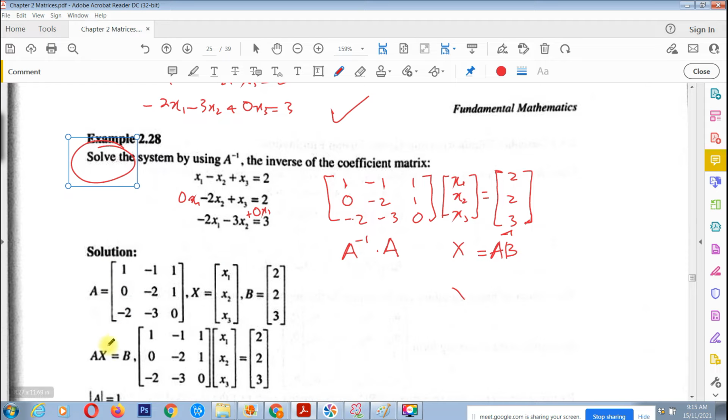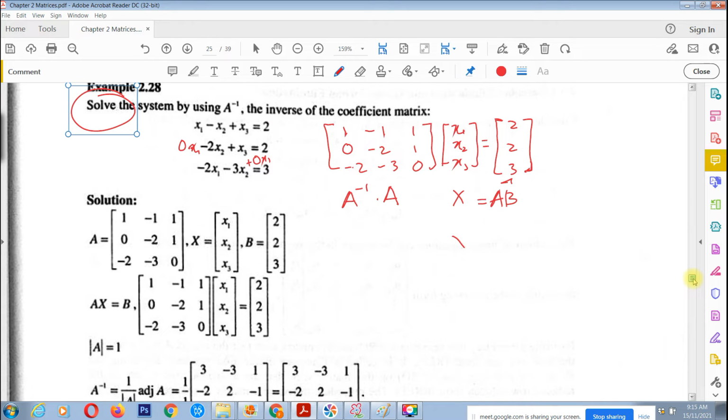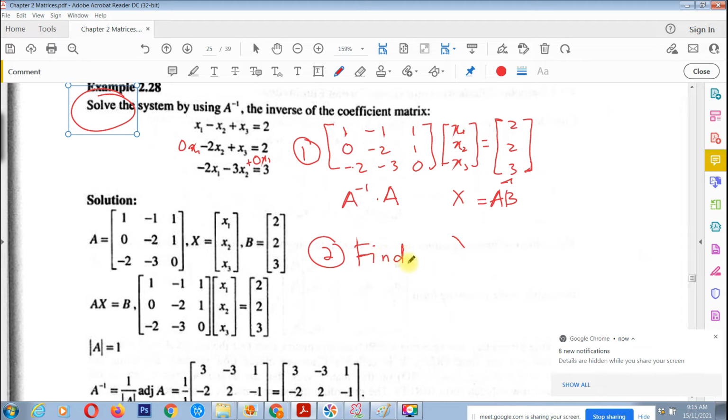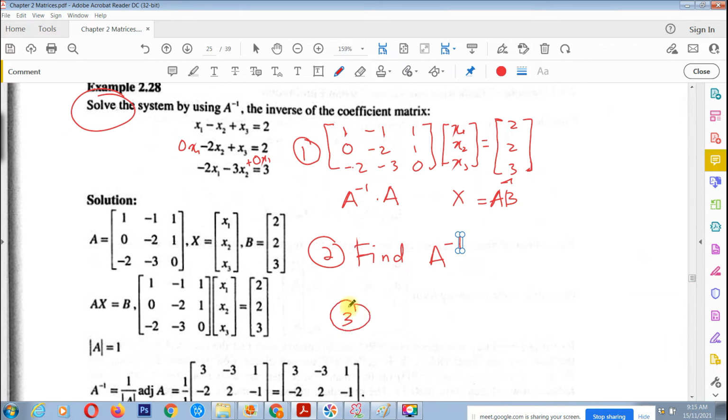Alright. So first of all, perform these matrices. Second is find A inverse. After finding the inverse, third we will need to solve the solution.